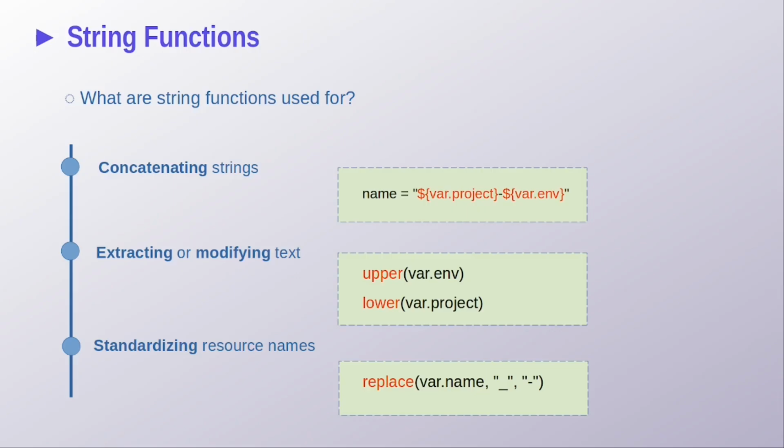String functions. What are string functions? String functions are used to work with text. In real projects, strings are everywhere. Resource names, environment names, tags, identifiers. Terraform provides functions to combine strings, change the case, and replace characters.